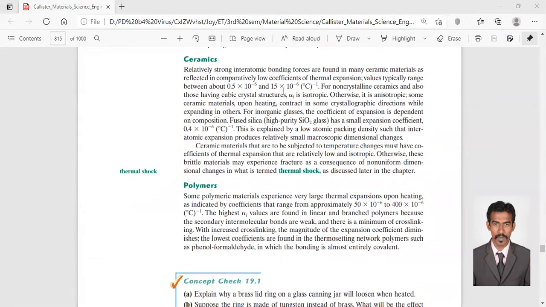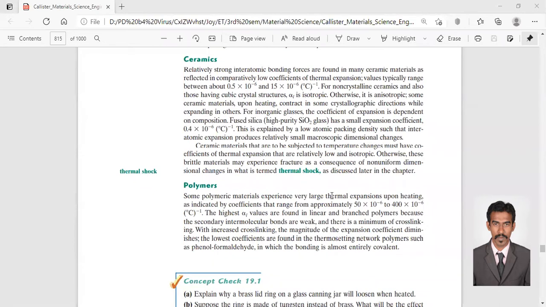So their expansion is not very low, a little bit low compared to metals. Pure silica has a thermal expansion coefficient of 0.4 times 10 to the power minus 6. Ceramic materials that are subjected to temperature changes must have coefficients of thermal expansion that are relatively low and isotropic.